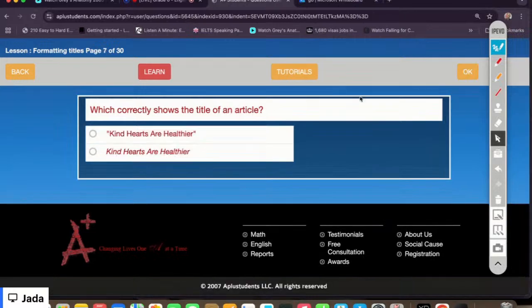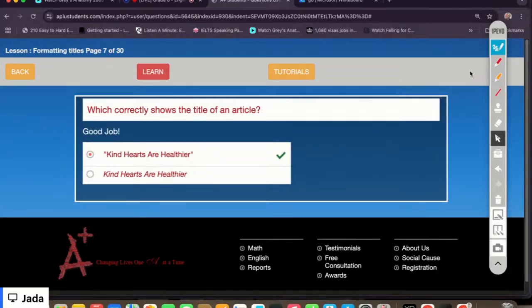Okay. So for article, "Kind Hearts Are Healthier," first or second. All right, so we have it with quotation marks for articles.